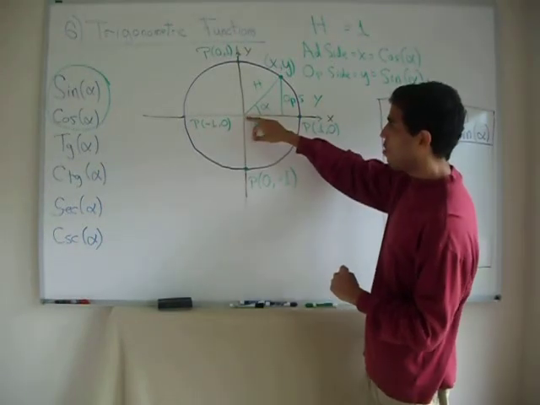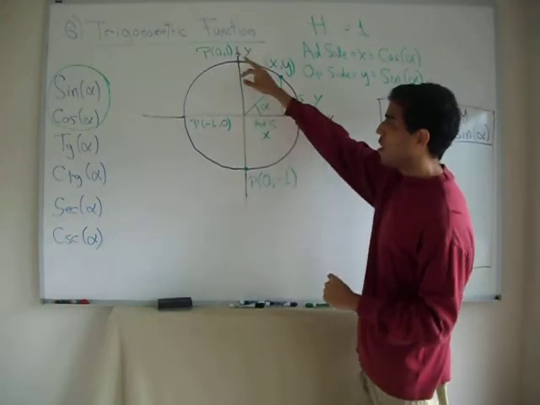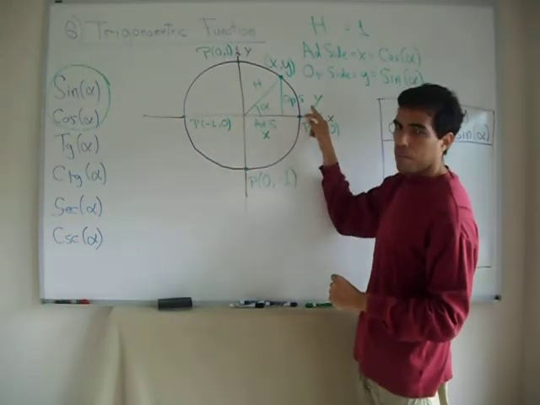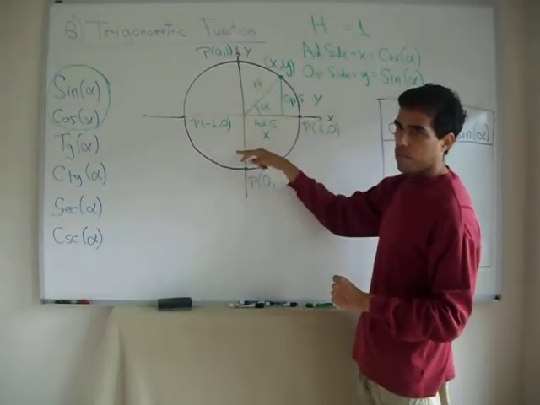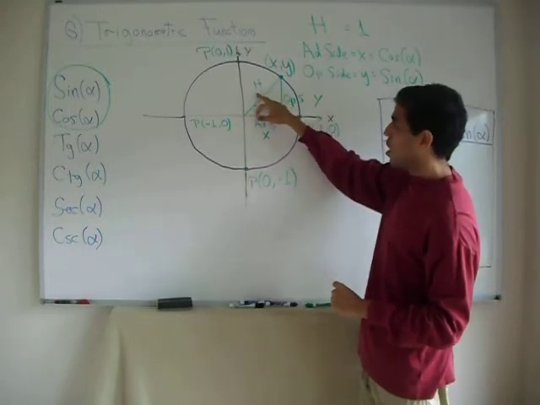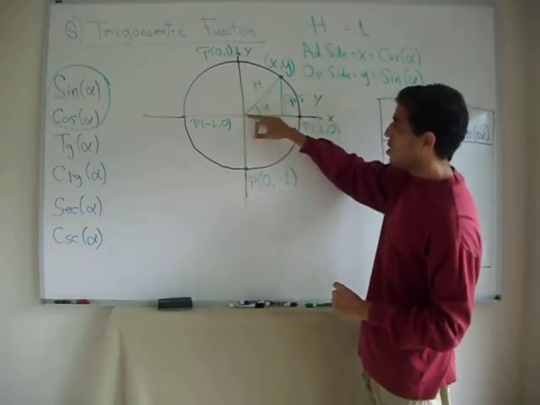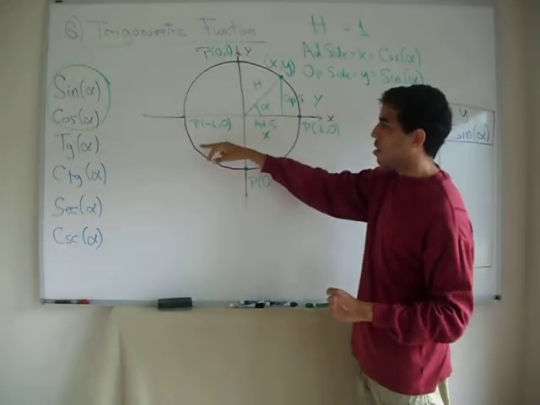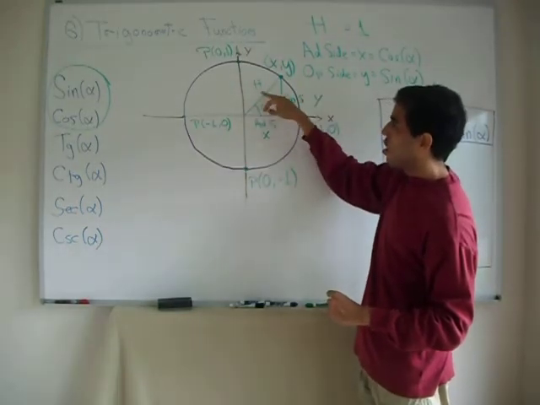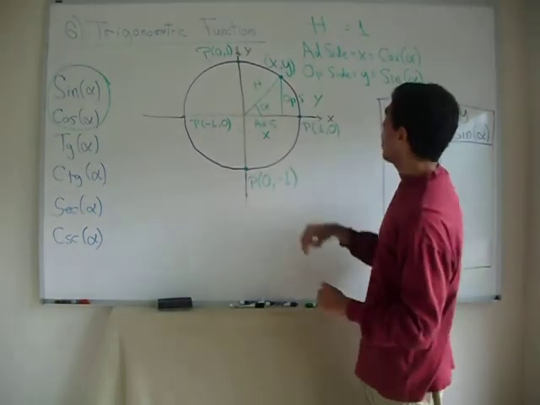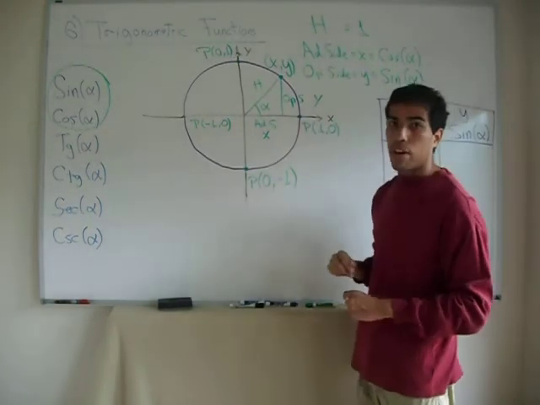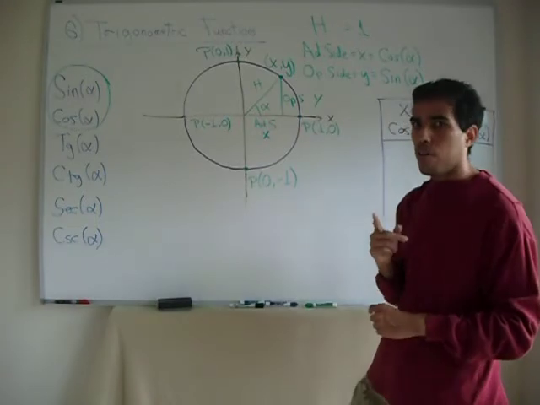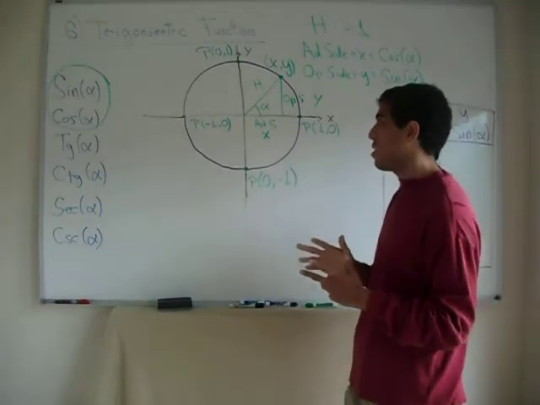The distance from the center to any of the points forming part of the circle is 1. We're going to call that distance h. So h equals 1. The trigonometric circle has a radius of 1, and we're going to call that distance h.